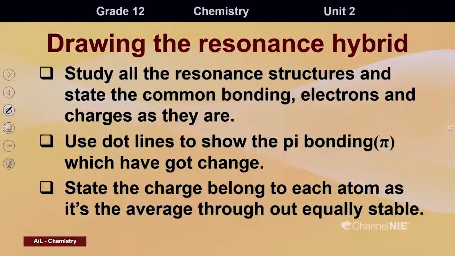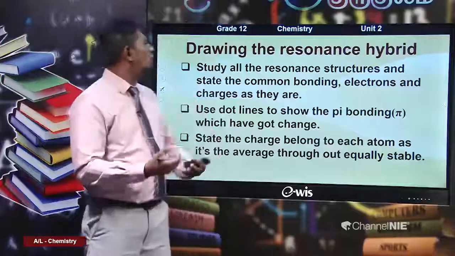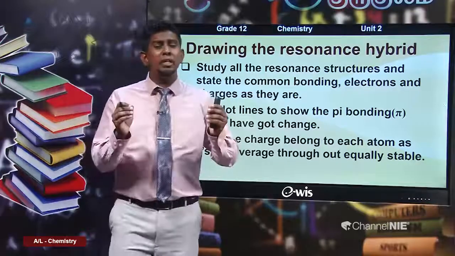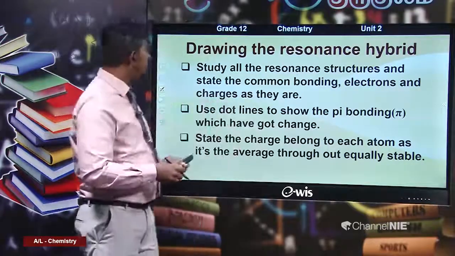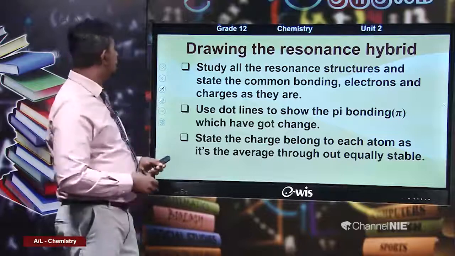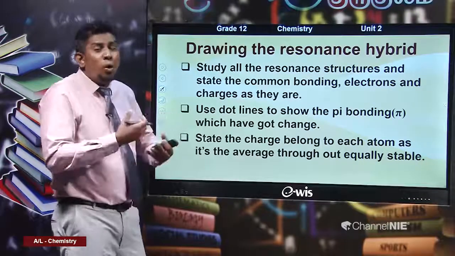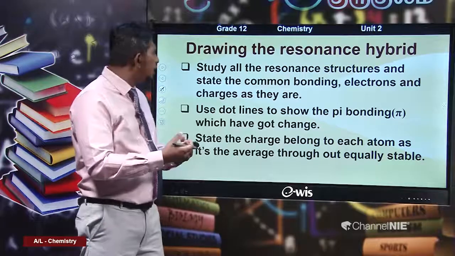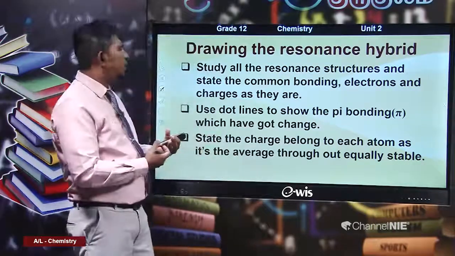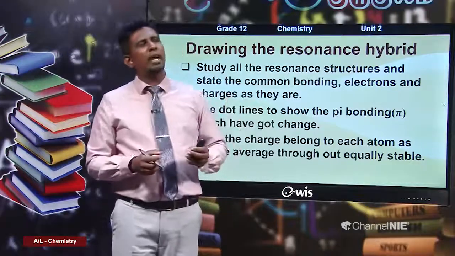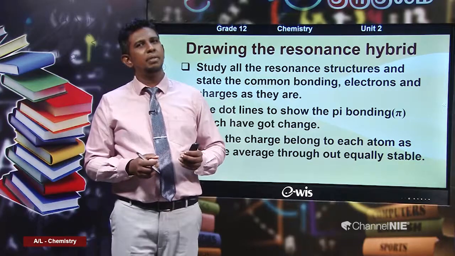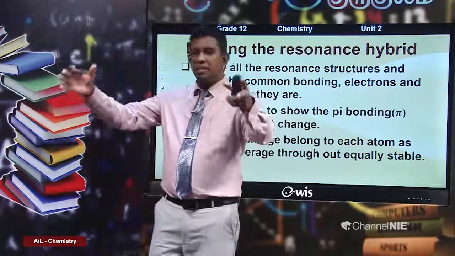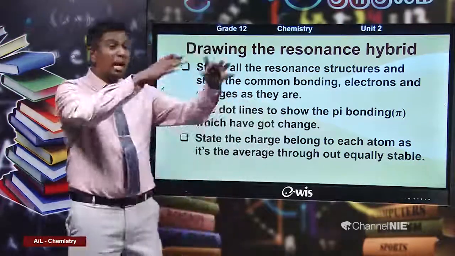Then when you draw the resonance hybrid, you need to make sure you are checking these. You need to study all the resonance structures. Then students, you need to state those common bonding that you find within the resonance structures, like all the resonance structures that you are going to take into account.